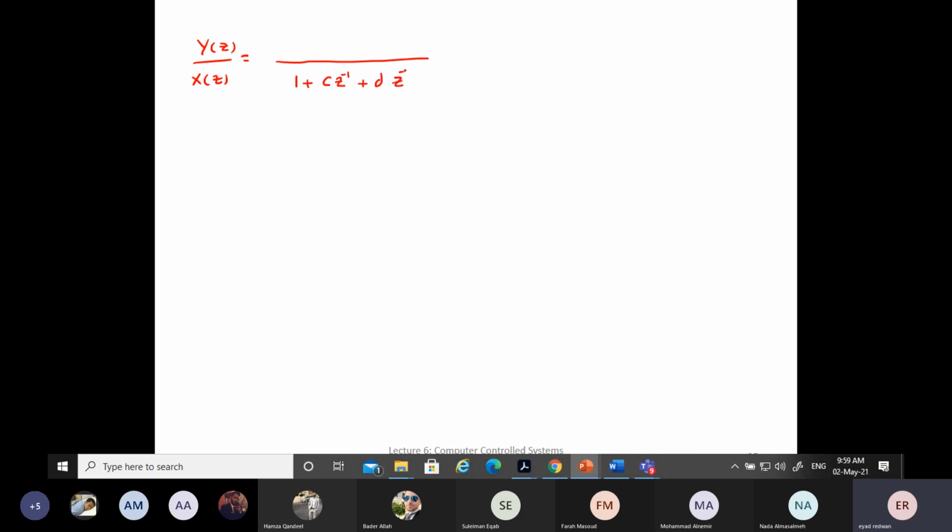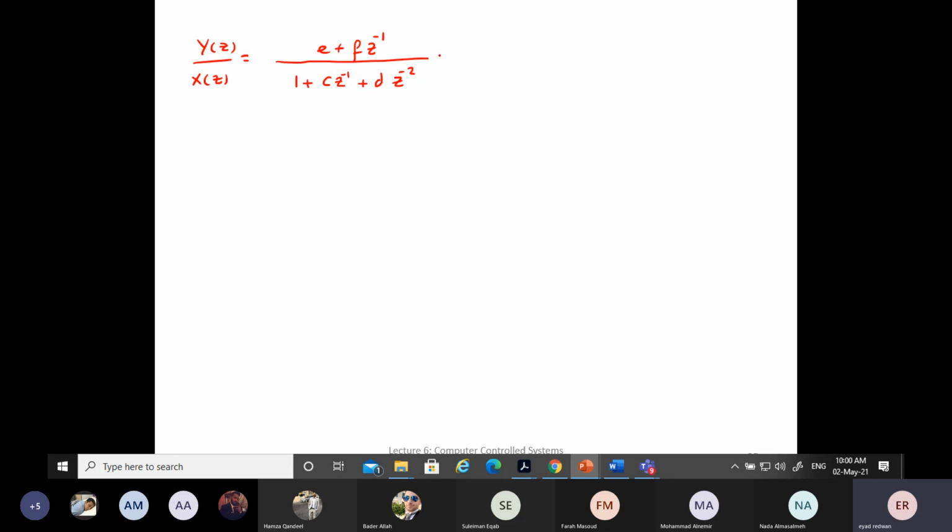So d z to the power minus 2. This second order term in the denominator. Plus in the numerator, you have a first order term, which is going to be e plus f z to the power minus 1. So all these e, f, c, d are constants that you find using the partial fraction.